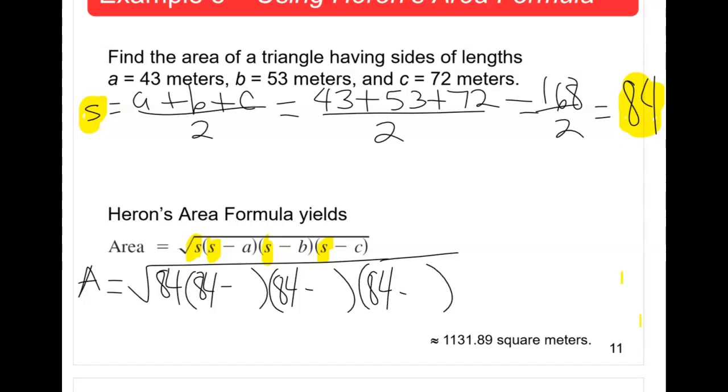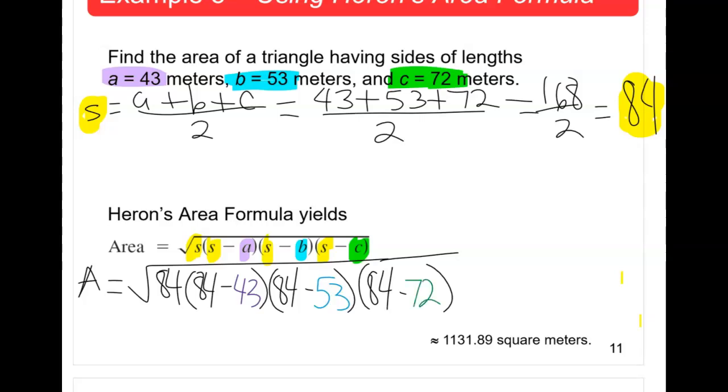Now, minus what? Well, it will be minus each individual side. So for side A, we have 43, so that's what I'm going to enter here. For side B, we have 53. And then finally for side C, we are going to have 72.